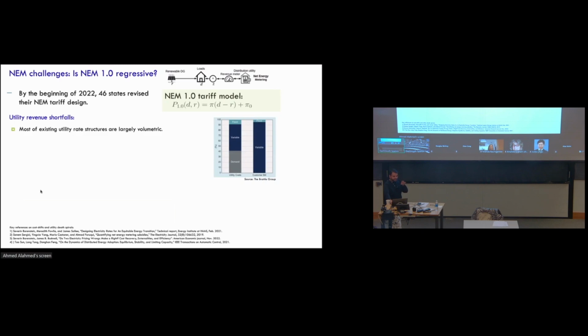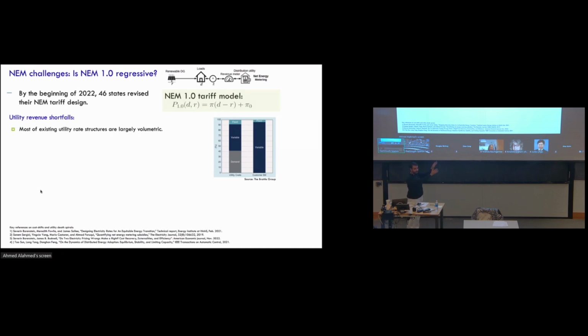I can talk about this for days, but I'm just going to list two reasons here. The first reason that net metering 1.0 is regressive is that it proliferates utility revenue shortfalls. The utility faces three cost components: capacity costs or demand costs, variable costs or energy costs, and fixed costs, which are the costs of servicing the customers and installing and maintaining their meters.